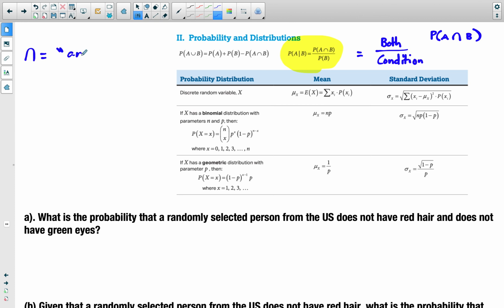Think of it in terms of and, or both occur. And then this is one or the other. Think of it in terms of or. And this is also usually, well, it's a multiplication rule, and this one's the addition rule. All right. So we'll be using this formula today. So just think of it as both events occurring, the probability they both occur over the condition.